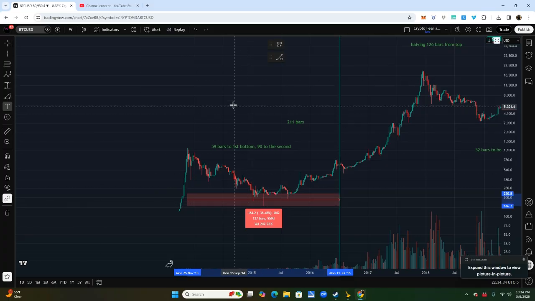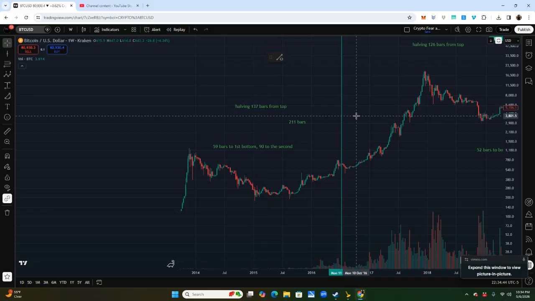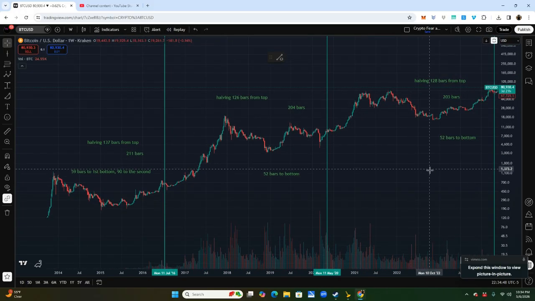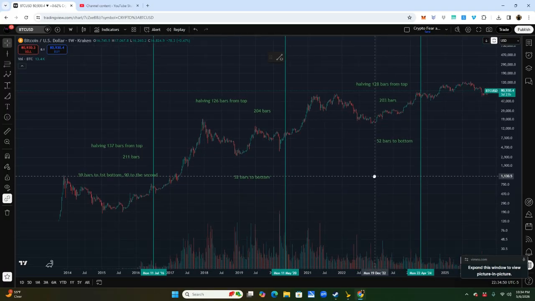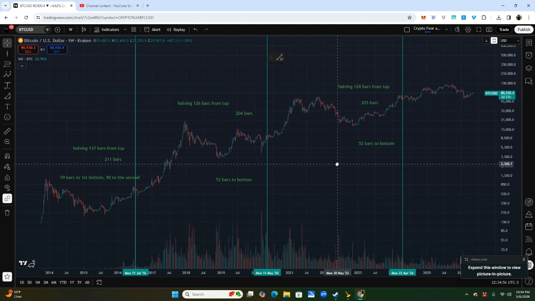It's a little different. Halving, 137 bars from top. Okay, if we look at the data on all three of these, it actually might be better. We might do one more of these.